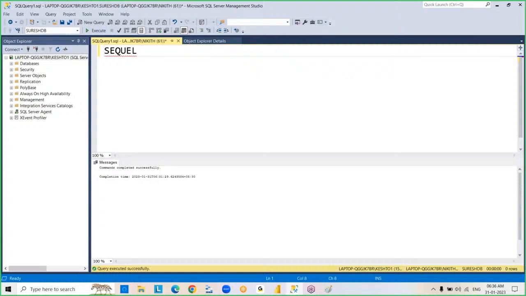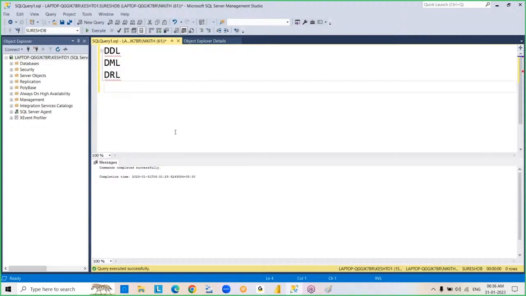In the same way, this SQL language contains some sublanguages. DDL, data definition language. DML, data manipulation language.